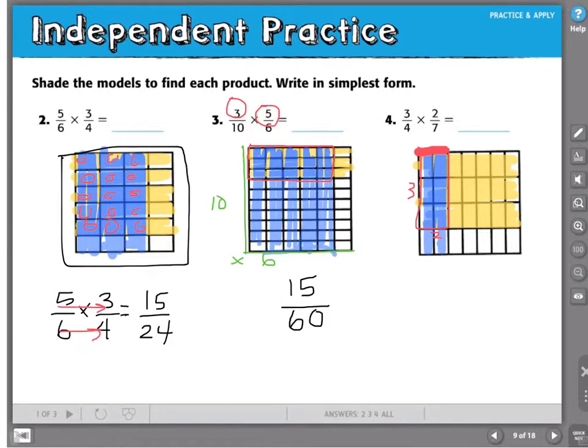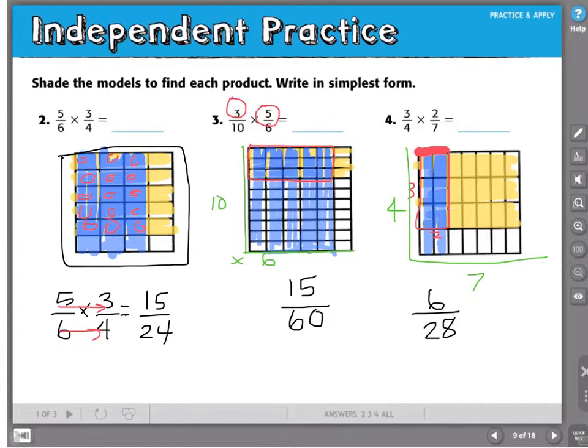The total sections has an area of 4 times 7. I know that 3 times 2 equals 6. 4 times 7 is 28. These models have helped us find the product.